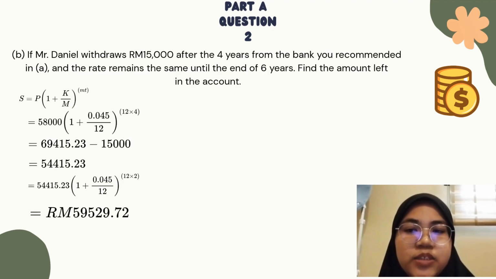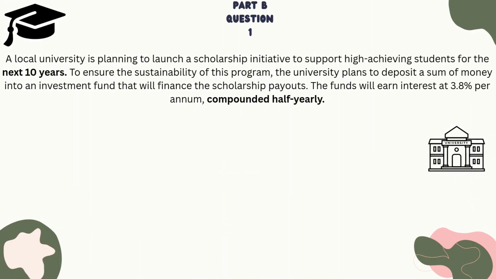Then I subtracted 15,000 ringgit, leaving 54,415 ringgit 23 cents. Next, I reinvested the amount at the same rate for another 2 years. After compounding again, the final value will become 59,529 ringgit and 72 cents.